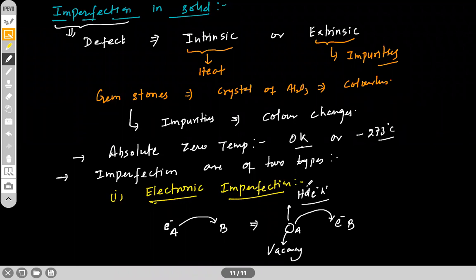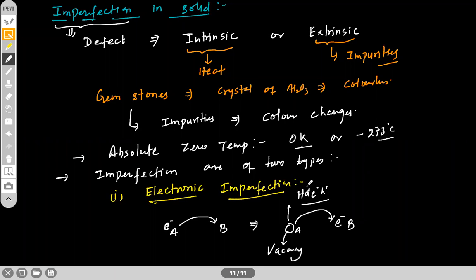Next line: these holes and electrons give rise to the electronic imperfection. Both holes and electrons are responsible for it.